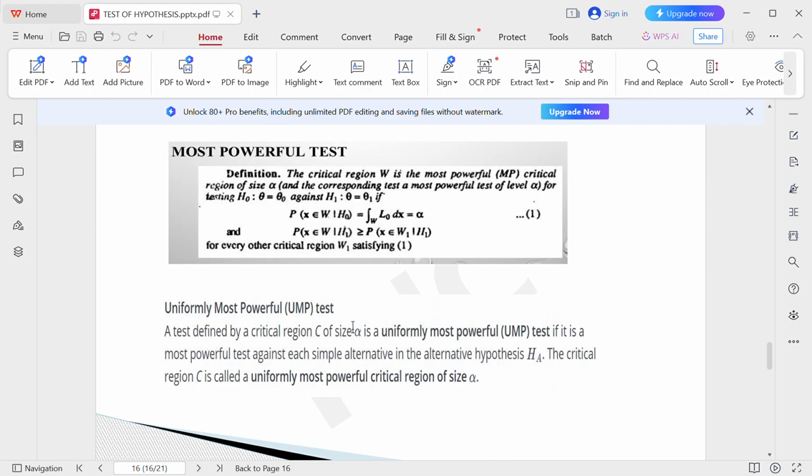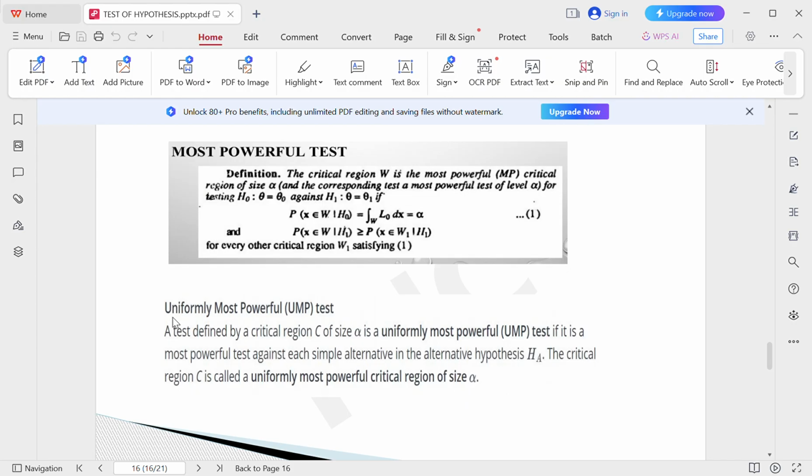Uniformly most powerful test. A test defined by the critical region C of size alpha is a uniformly most powerful test if it is a most powerful test against each simple alternative in the alternative hypothesis H1. The critical region C is called the uniformly most powerful critical region of size alpha.